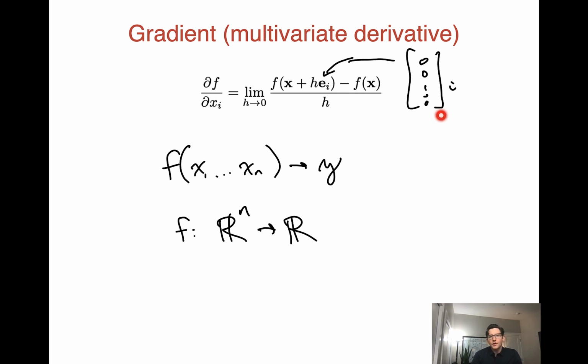You could also call this a one-hot vector. E for element vector, I think, is where the E comes from. Okay, so that's the multivariate derivative, the gradient. Same thing as the normal derivative, just for a single variable.